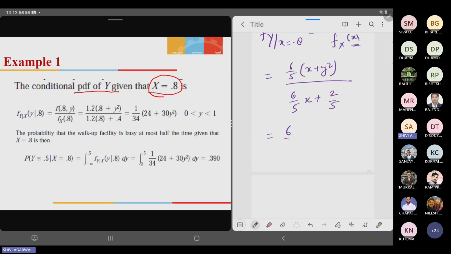So it is 6/5 (0.8 + y²) upon 6/5 times 0.8 plus 2/5. Calculating it, the answer comes to 1/34 (24 + 30y²), for y between 0 and 1. Clear? So that is the conditional density.